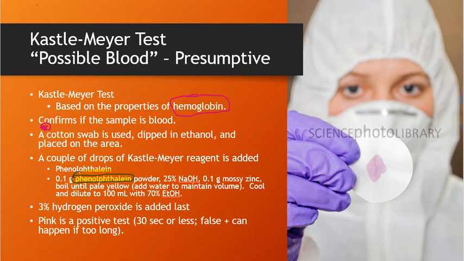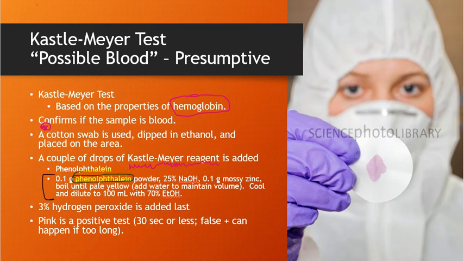Once I think that I have some of that sample transferred onto the Q-tip, I'm then going to add a couple of drops of what we're going to call Kastle Meyer reagent. Kastle Meyer reagent is a very simple reagent to make, and the recipe is down here for you. 0.1 gram of phenolphthalein, 25% of sodium hydroxide, 0.1 gram of mossy zinc, and you're going to boil it until a pale yellow color is formed.